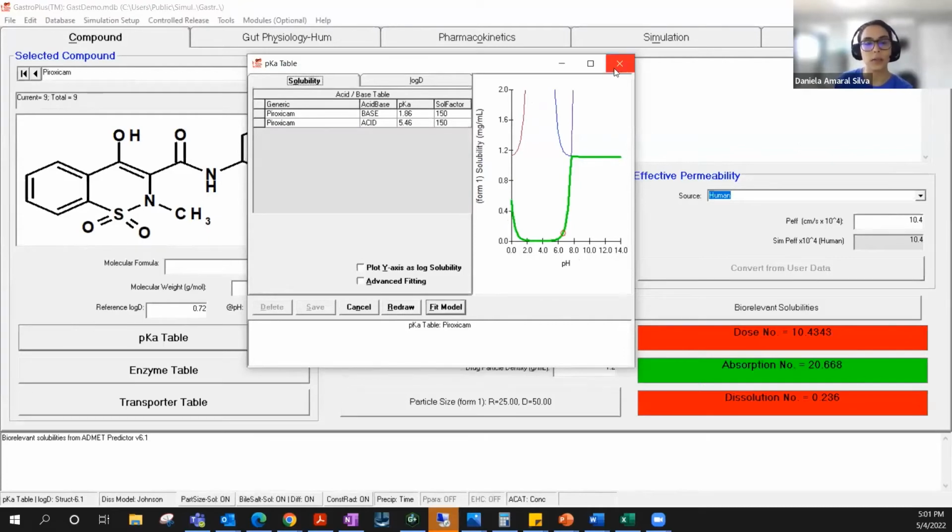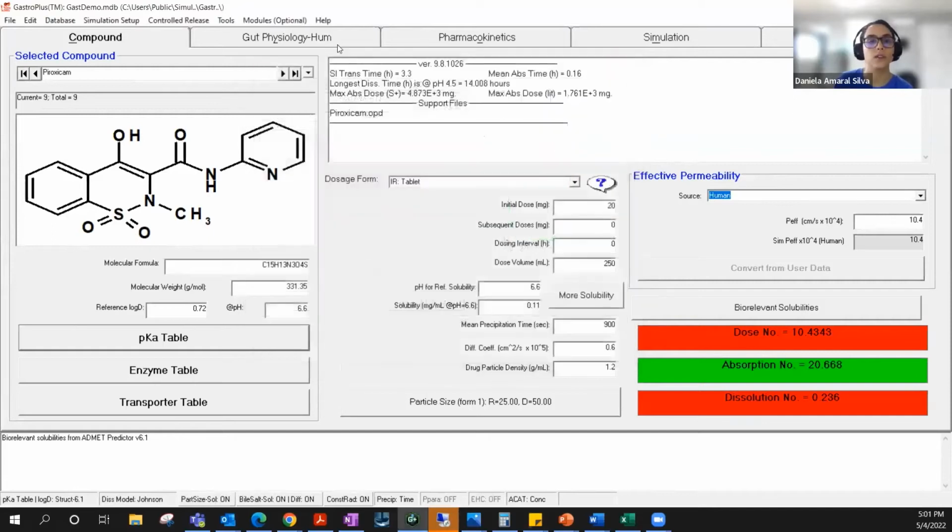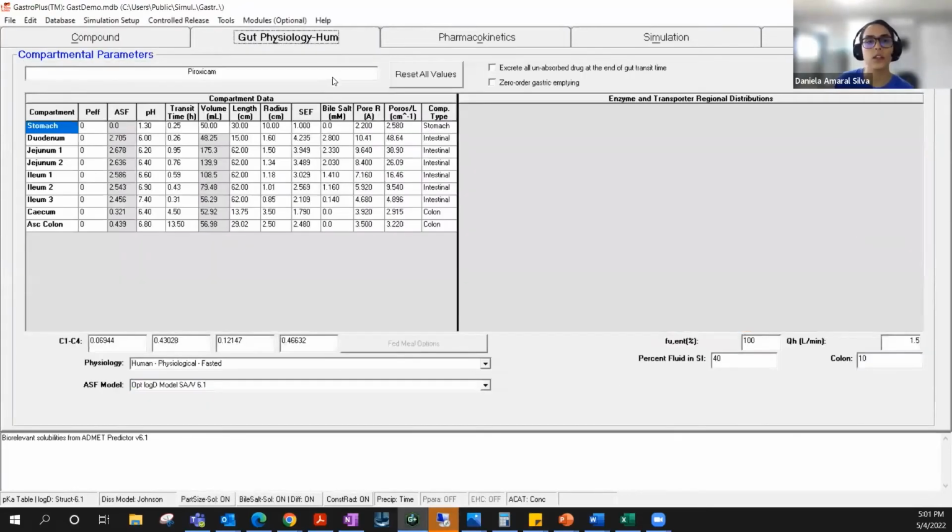That would be a good segue to go to the gut physiology, where they could assess the pH value in the different compartments of the gut. In the stomach, for this particular drug, I have a pH of 1.3. So how is my drug going to behave at that pH?